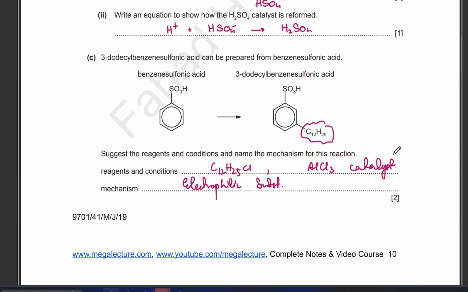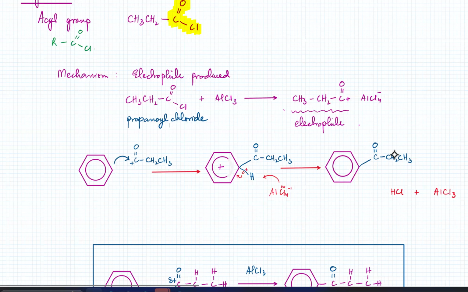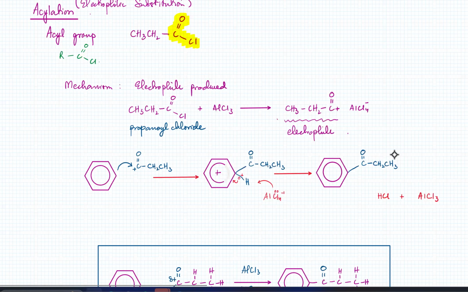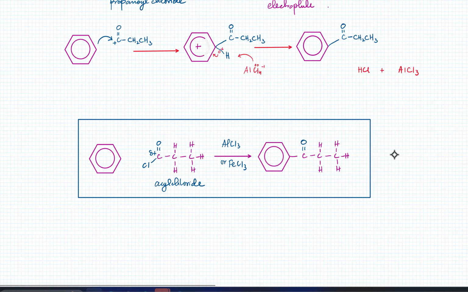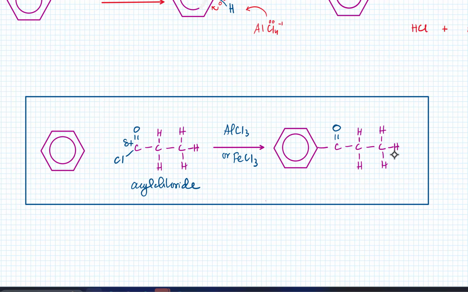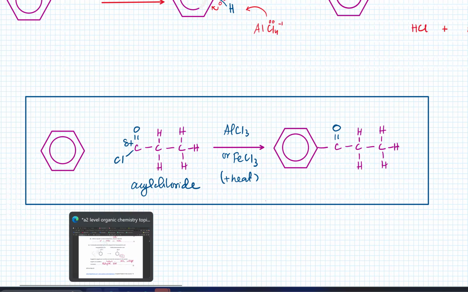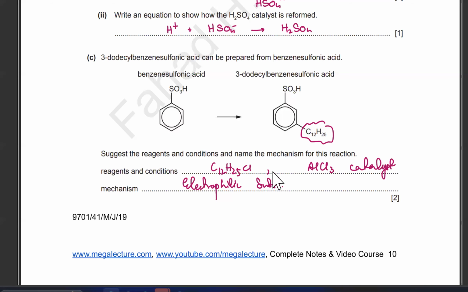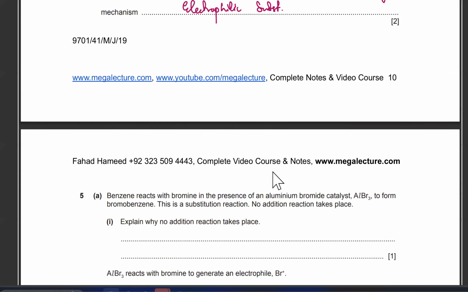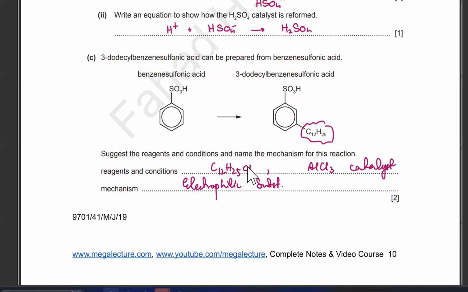Is that clear? Because he did write heat in brackets, we can just add heat in brackets. Didn't give marks for that, but we can add heat over here. ठीक है? I said next one. And over this, it could be a bromoalkane, it could be a chloroalkane. Both of them are fine.